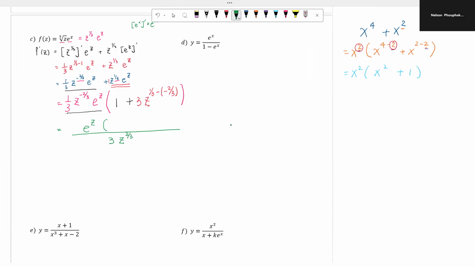Then I will have 1 plus 3z, since 1/3 plus 2/3 is 1. Maybe we could rewrite this term as e to the z times 1 plus 3z, divided by 3 times the cube root of z squared.